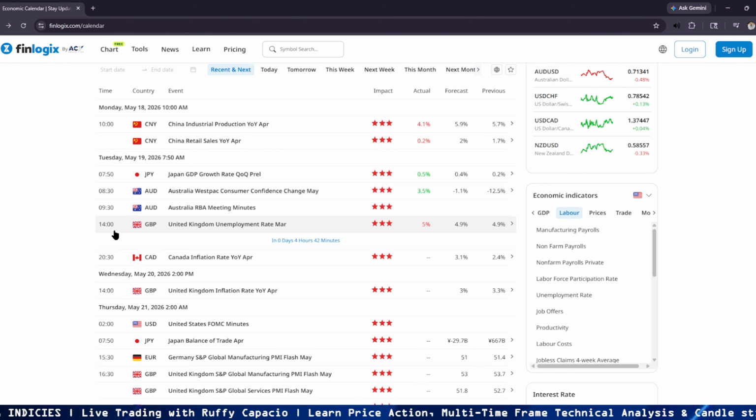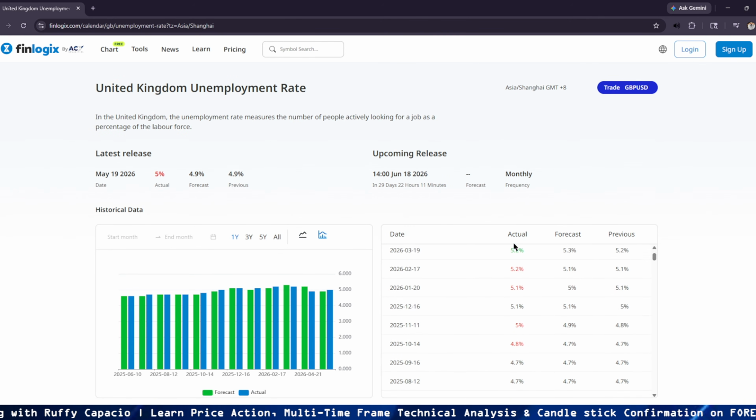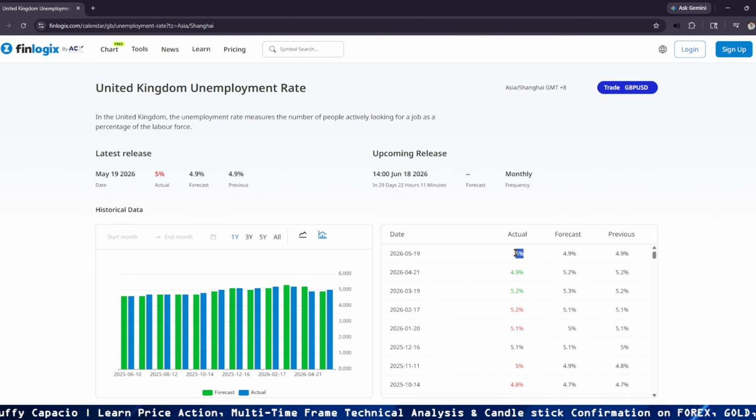Even though the GBP pairs are really down 5%, possibly the price action would push to the downside if that news had a higher impact, but the news didn't much affect the setup.